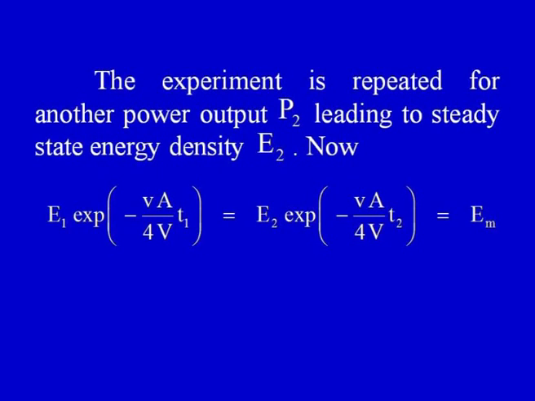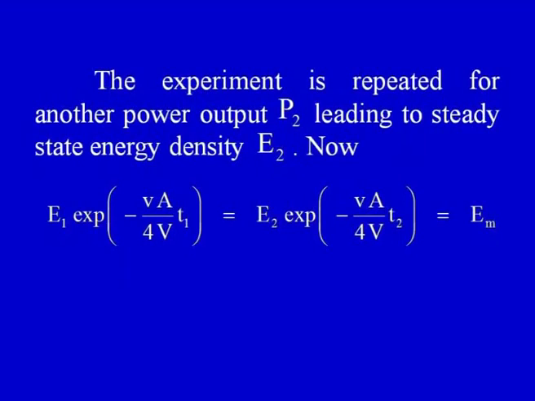The experiment is then repeated for another power output P2, leading to the steady state energy E2, and time T2 is obtained for the decay to the energy density EM. Equating these, we get a relation which is connecting E1, T1 and E2, T2 to the energy EM.